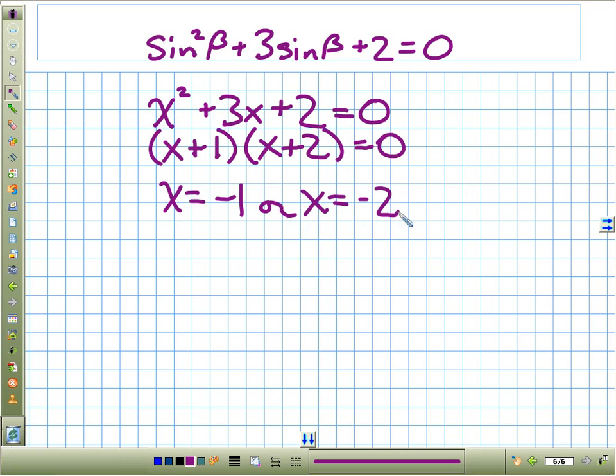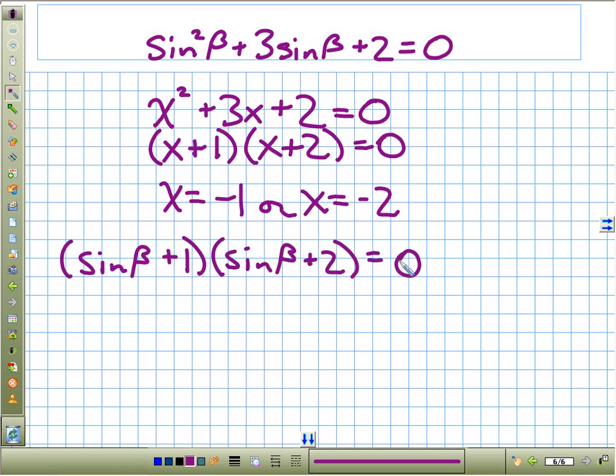Well, how would we take care of the trig equation then? That's right. We treat the sine just like it was x. We say sine beta plus 1, sine beta plus 2. And now, look what we've got.